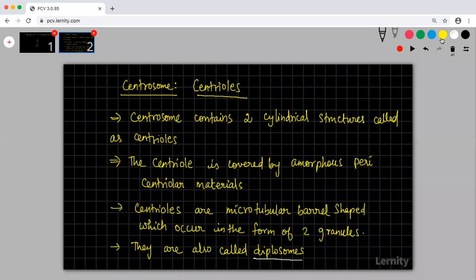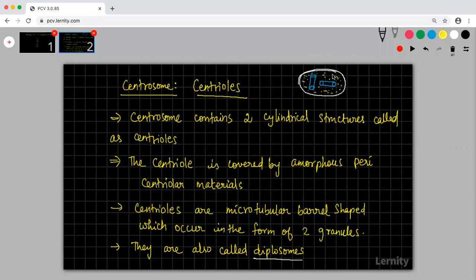So what I'm trying to tell is you have a structure which is called centrosome. The centrosome will be like a covered structure. It contains two small cylindrical structures which are lying perpendicular to each other. You will see some fluid-like material surrounding them.